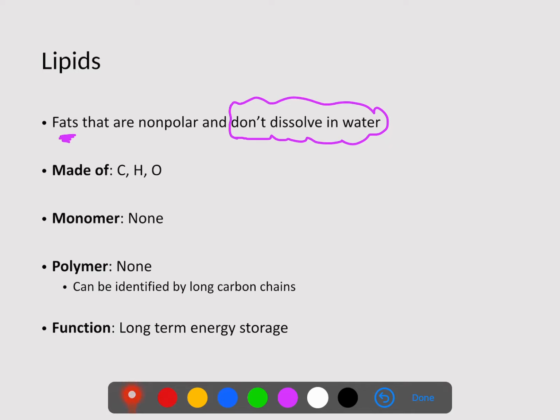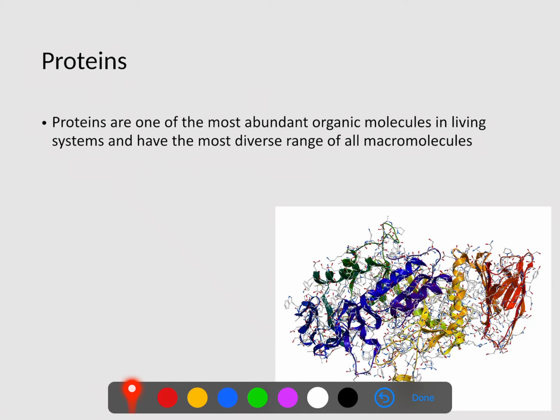They can be identified by the long carbon chain. So if you ever see something that's drawn like this, that's indicating all those carbons bonded together. It's an easy way to say, that's got to be a lipid. And again, long-term energy storage, okay? So it's not going to be used quickly. It's going to be used over a long period of time if we run out of other resources.